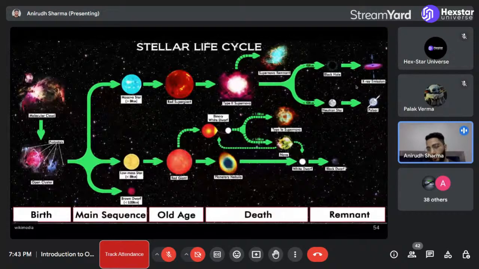Then there are also some possibilities for neutron stars and black holes. The possibility for a black hole is that there is some debris and another star or some other thing surrounding the black hole. Then it would turn into a quasar, an active black hole, and it would have some kind of accretion disk around it.